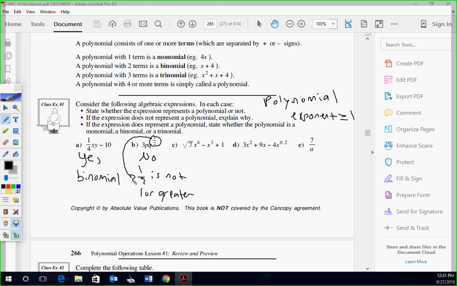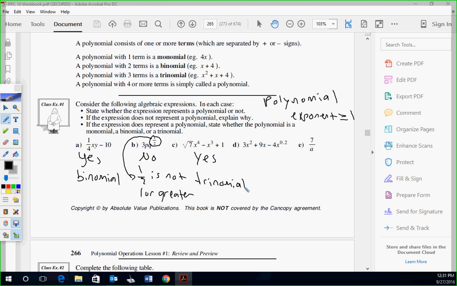Okay, C. Is C a polynomial? Yeah, 4 and 3, so yes. And how many terms? 3, so trinomial. Okay. Spencer, what do you think for D? Is D a polynomial, yes or no?